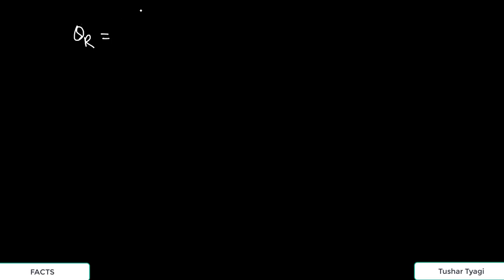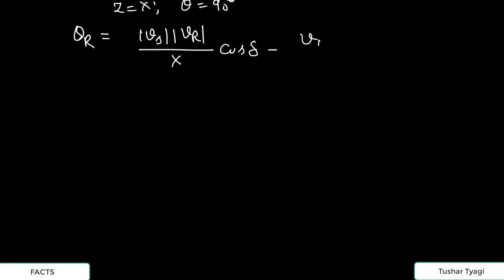QR is equal to, after putting Z is equal to X and theta is equal to 90 degree, I can say very simply, QR is equal to mod of Vs mod of Vr upon X cos delta minus Vr square by X. Delta is generally also very low, so you could assume delta is approximately equal to 0. Hence, cos delta becomes equal to unity.